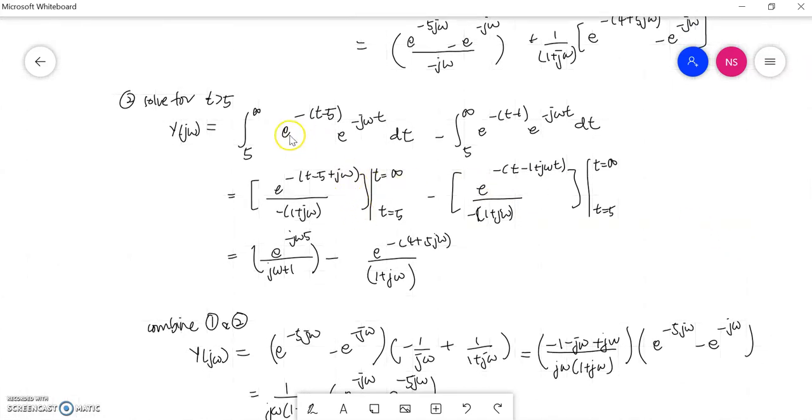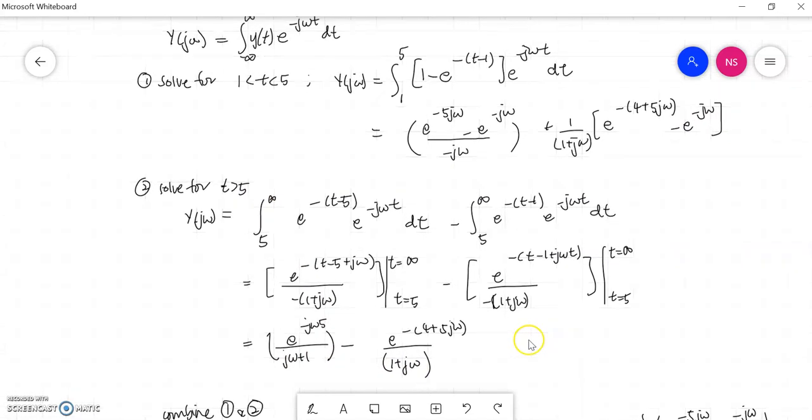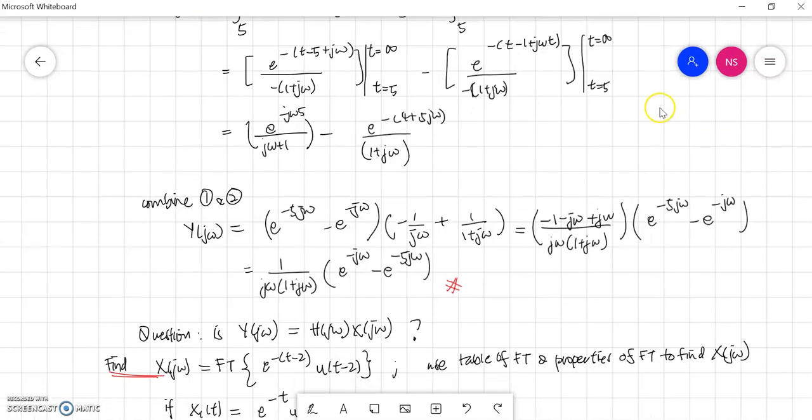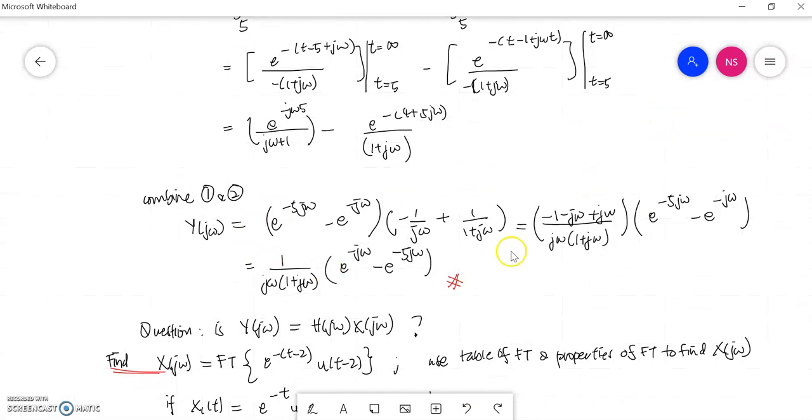It becomes a problem of solving this integral with these limit values, and we are left with this as our solution. Now we consolidate both expressions of our Y(jω), and finally, combining them together and simplifying, we obtain this.